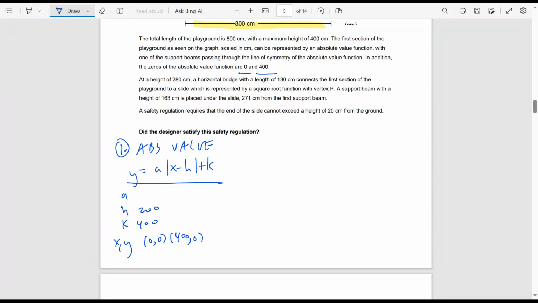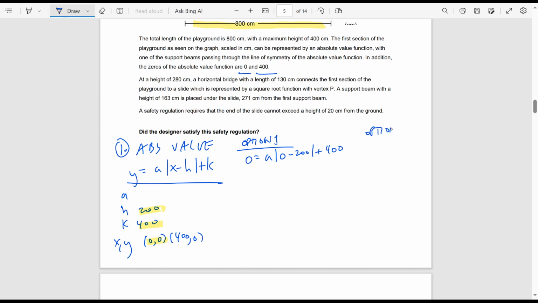I know I'm likely going to need it at some point. So then from here, if I've got these 2 points and this guy right here, I can plug all of this stuff into here and rearrange and solve for A. So I can do option 1, I can take the h and the k and 0, 0, and plug those things into the actual function and solve for it as I see it.